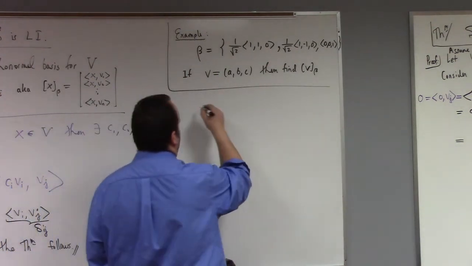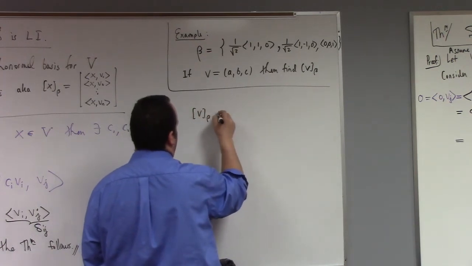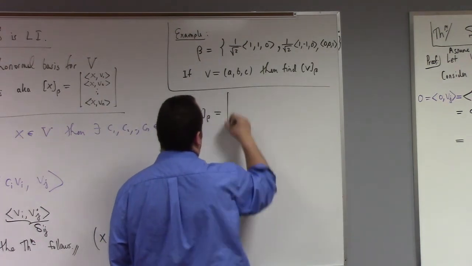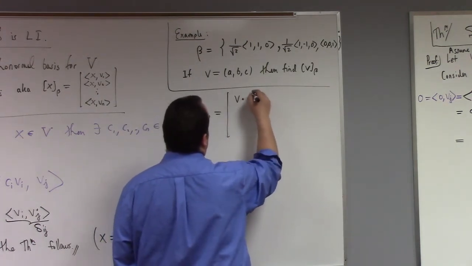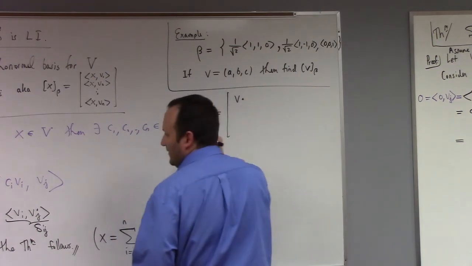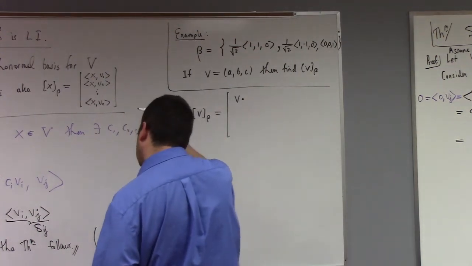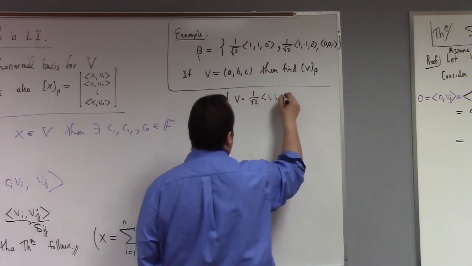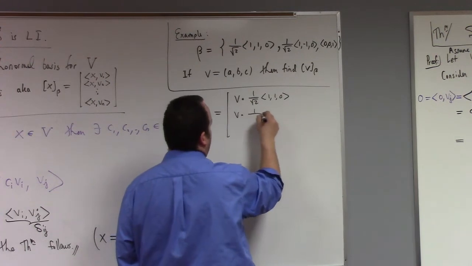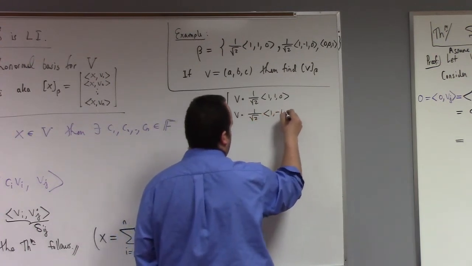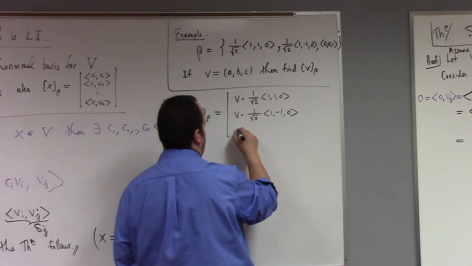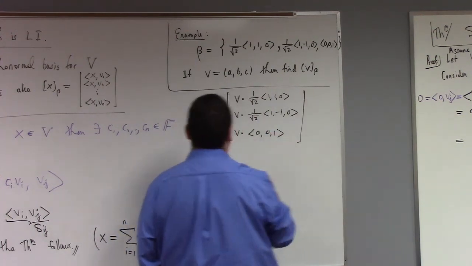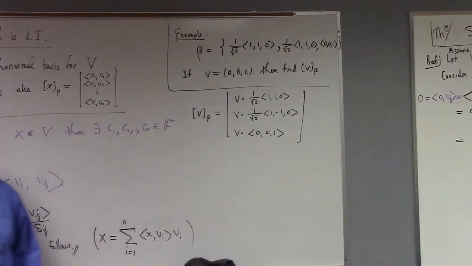The coordinate vector of v with respect to the beta basis is just equal to, well, let me follow my definition here: v dot 1 over the square root of 2 (1, 1, 0), v dot 1 over the square root of 2 (1, -1, 0), because this is the inner product in this context, the dot product, and v dot (0, 0, 1). I mean, that's the theorem implemented for my example.